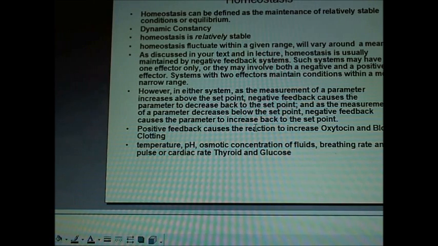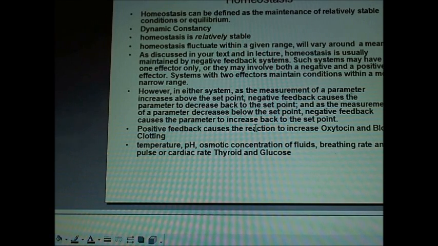Going on, like I said, a positive feedback causes a reaction to increase, and oxytocin, blood clotting. Negative feedback and homeostasis is involved in temperature, pH, osmotic regulation, breathing rate, pulse, cardiac rate, thyroid, and glucose, and many more.